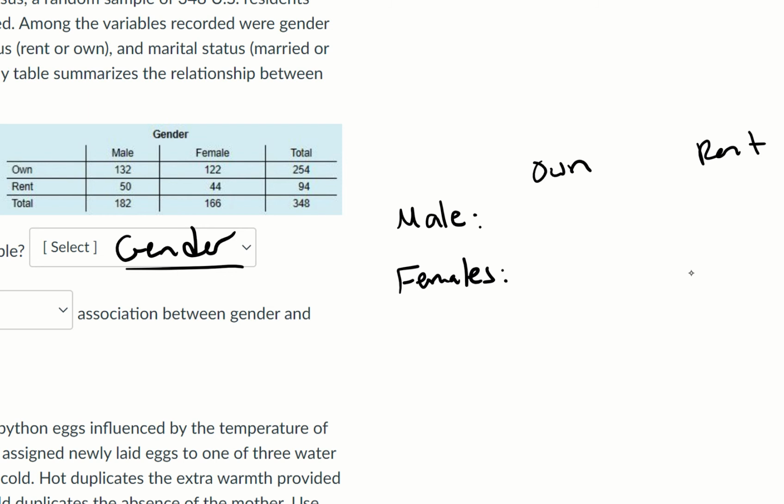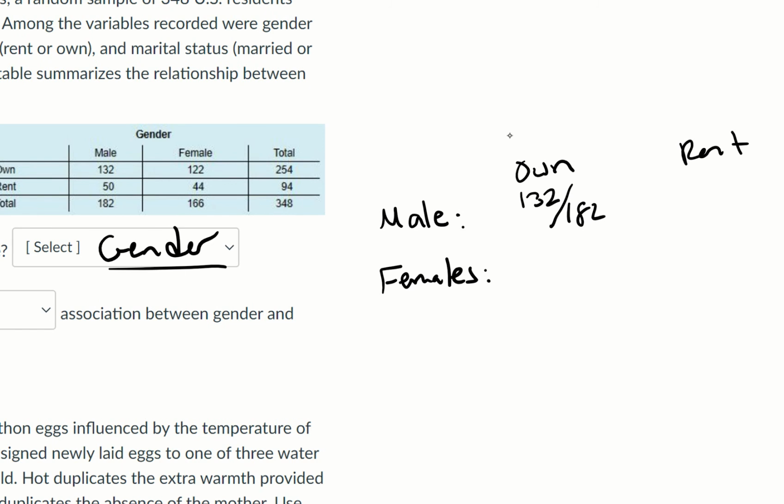So we know that there are a total of 182 males. And so for these 182 males, the number that own is 132 out of those 182 males. And so there's 132 males out of 182 of them that own, and then times 100, and that will give us our percent.